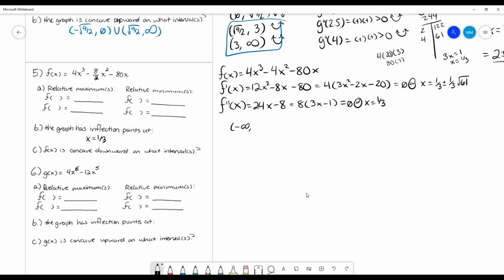Is 1/3 minus 1/3 times the square root of 61 negative? I don't think so, but it's probably still going to be right here. I'm going to double check that really quick. Let me just check what that is. I don't know why I put a negative. It's definitely not negative.